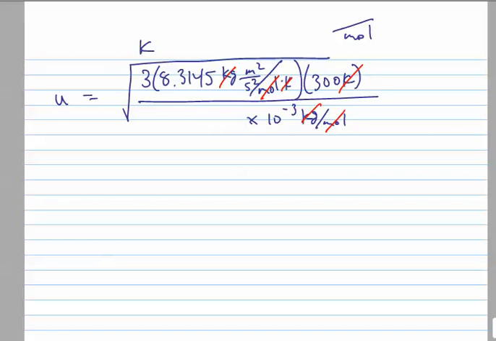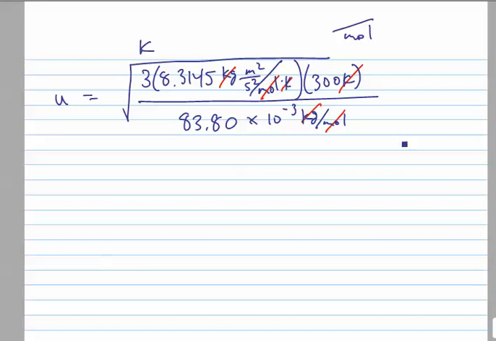So for krypton at 300 kelvins, the only thing that changes here is this value. We look in our periodic table, and we see that krypton has a molar mass of 83.80 grams per mole. So in kilograms, that would be 83.80 times 10 to the minus 3 kilograms per mole.